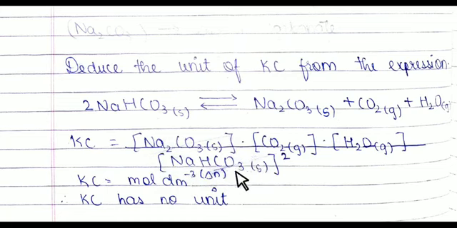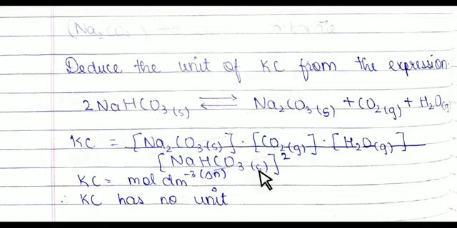There is no use of sodium carbonate in the solid form and sodium bicarbonate in the solid form in the delta n formula. Delta n is the number of moles of gaseous product minus the number of moles of gaseous reactant, and these two are in the solid form.